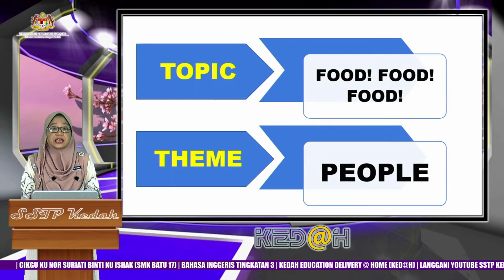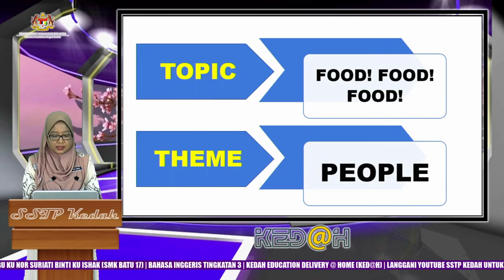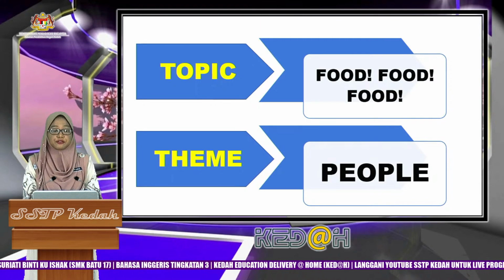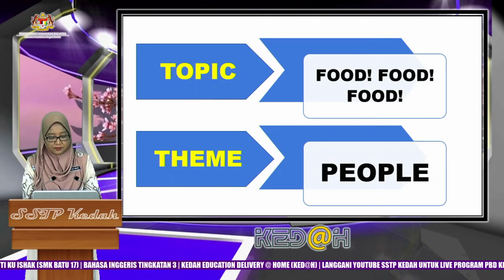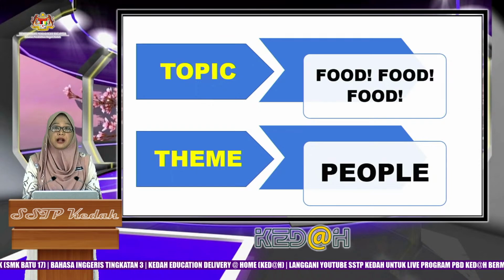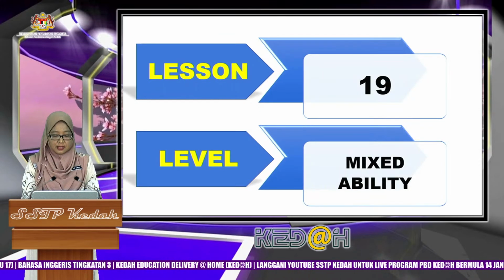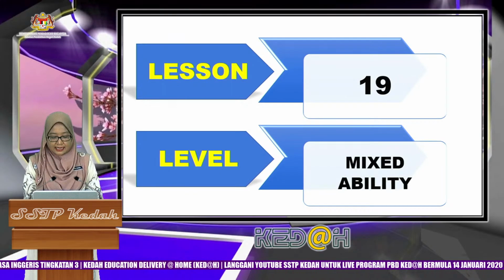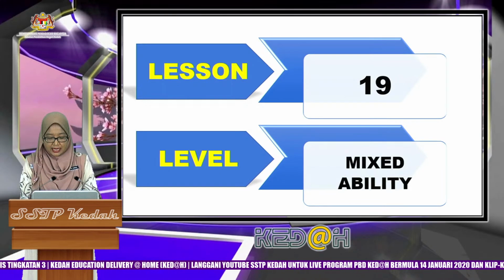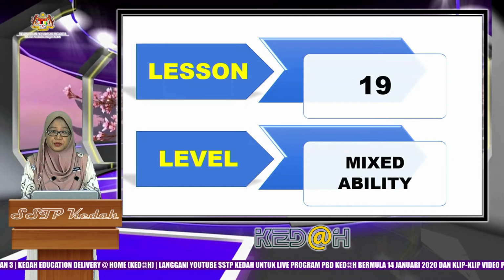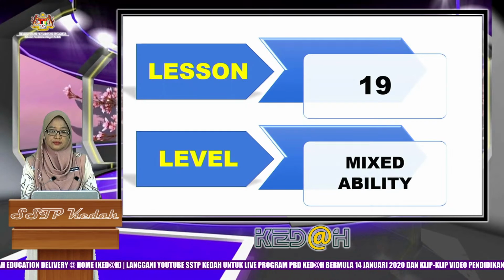The second unit in the Close-up textbook, English Form 3, is Food, Food, Food. It's under the theme of People. I'm referring to lesson 19 from the scheme of work, and I have mixed ability pupils in my class.